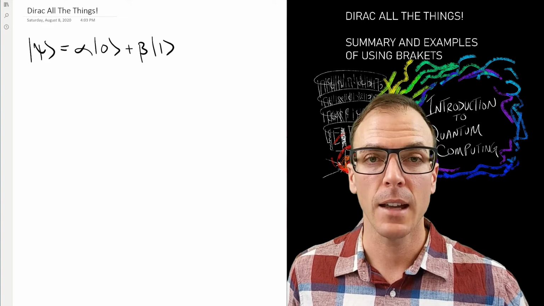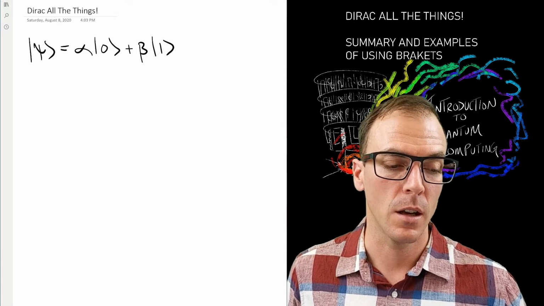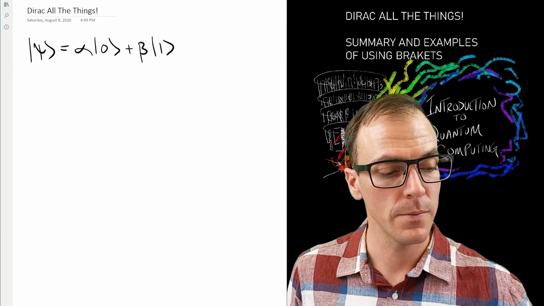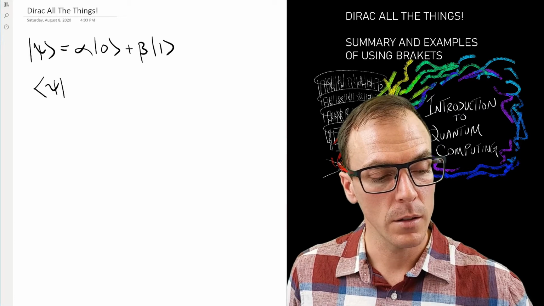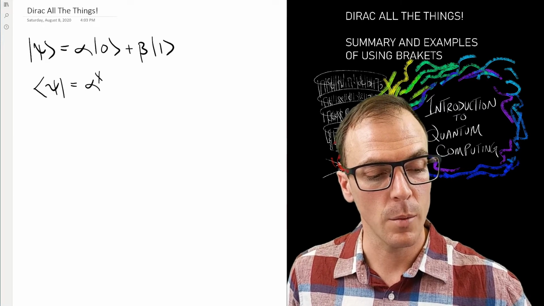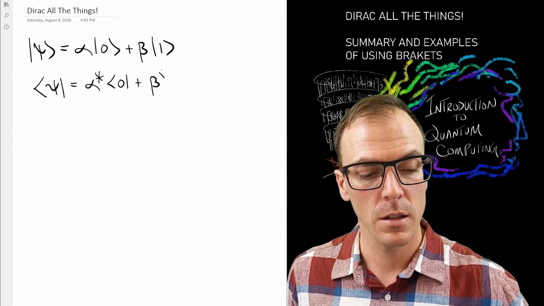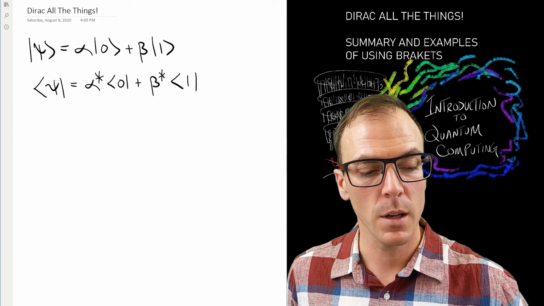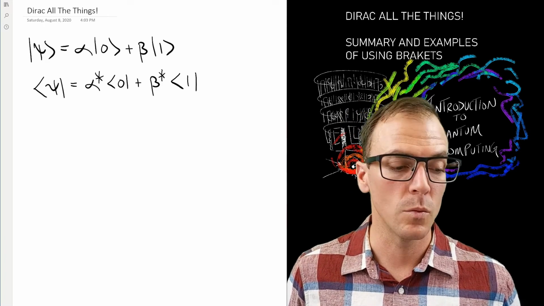This is a ket, and the ket represents a vector in a complex two-dimensional space. The bra was the complex conjugate transpose of the ket and could be written in this way. And we combine these things to get real numbers.